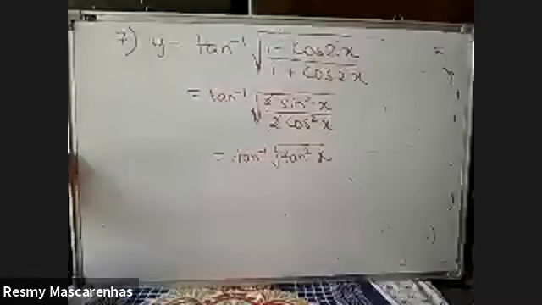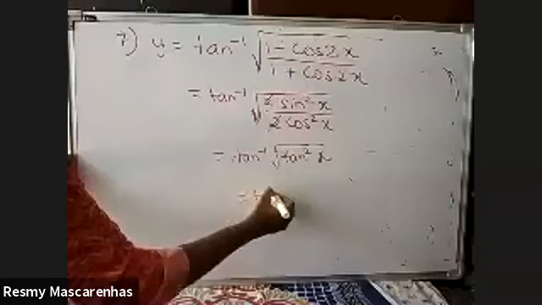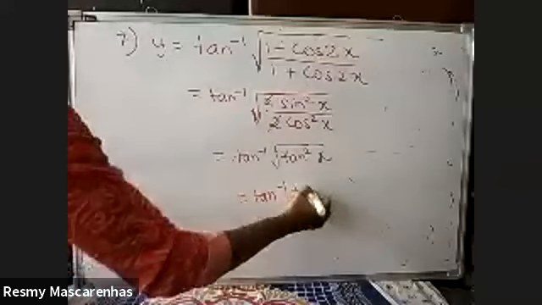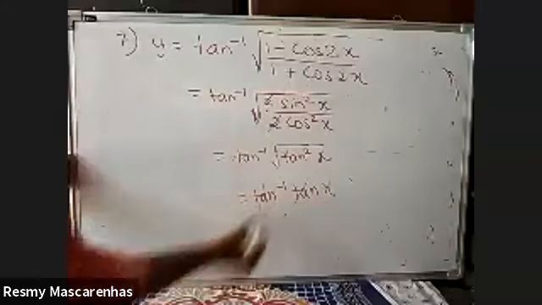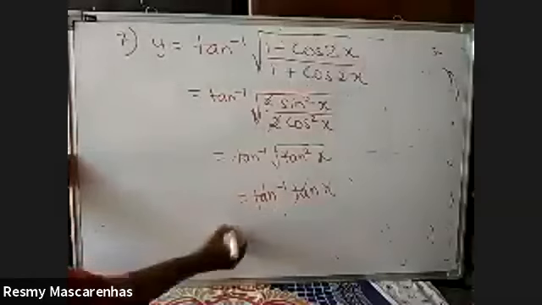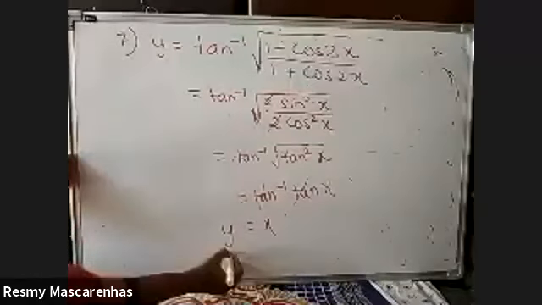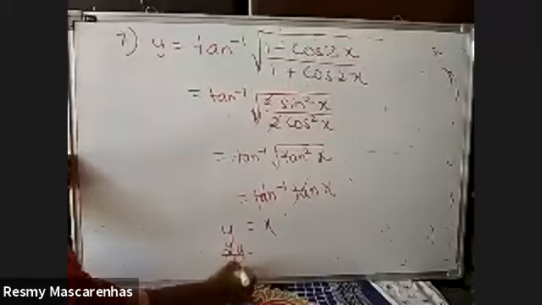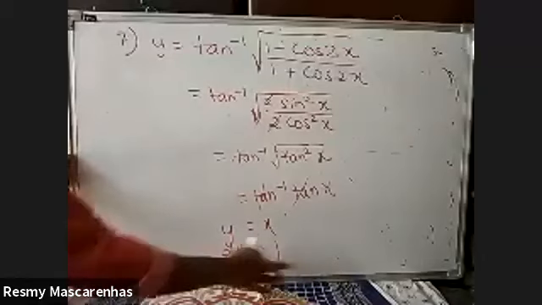Then root and square will cancel, tan inverse, tan will cancel. So y will be x, and then take the derivative. So dy by dx will be 1.